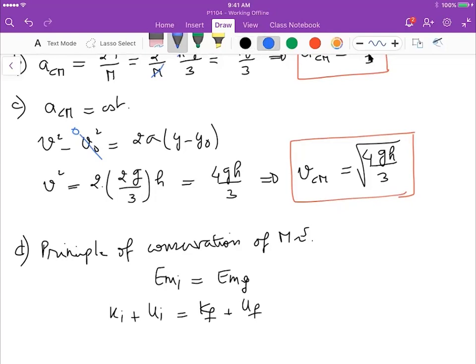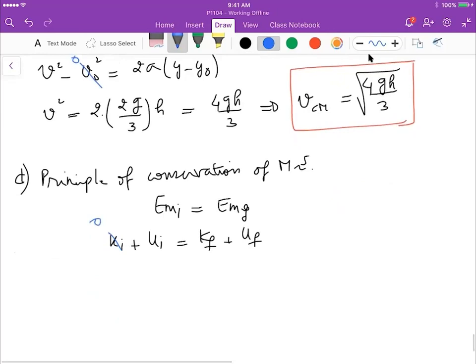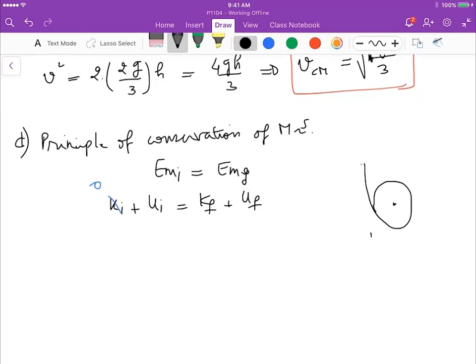Now, the disk, first of all, was released from rest, so K initial is equal to 0. And if we take the downward position to be the reference for the gravitational potential energy, I will just draw here a small figure. So we took this disk in its initial position, okay? And we said the center of mass was on this point. And let's suppose it has descended a given distance h, as we are discussing in the given, such that the distance between the center of mass's initial position and final position is given by h.